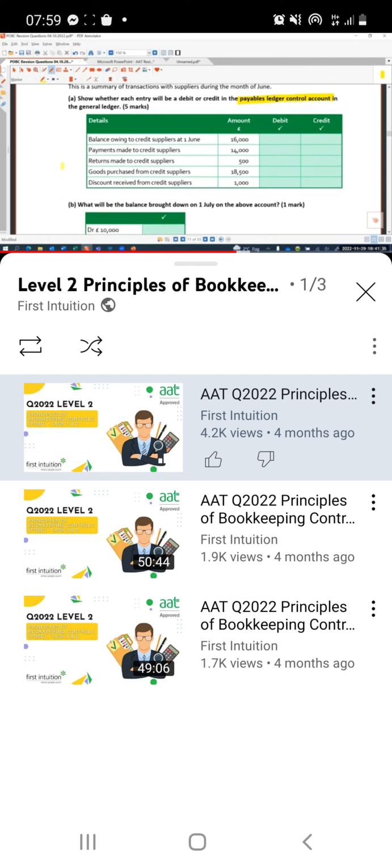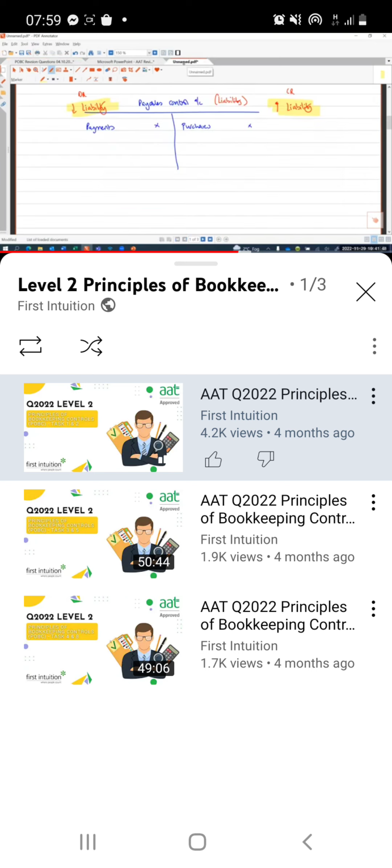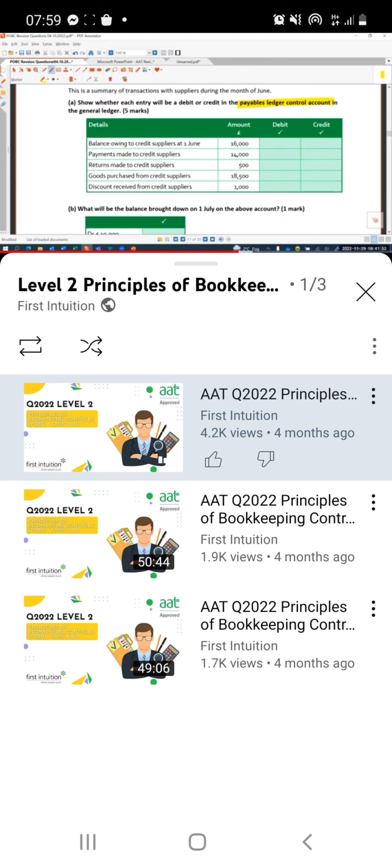So this is basically me now creating, in a little list format here, a payables ledger control. So it's asking, where would I see these entries in my control? If I was to fill that control in full, where would I expect to see each of these items? So the balance owing to the credit suppliers on the 1st of June.